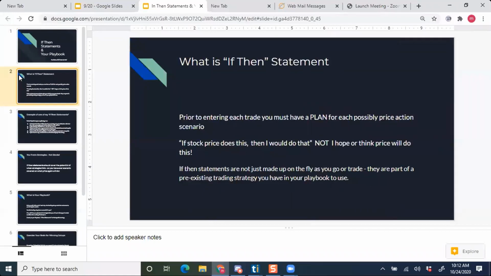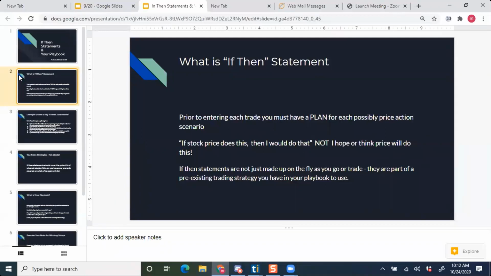For each trade, or prior to entering each trade, you must have a plan for each possible price action scenario. Often, folks will go into a trade without any plan at all. Or their plan might be, well, I see resistance $1 away, so my target is $1 away, and I'm going to stay in this trade no matter what until $1.